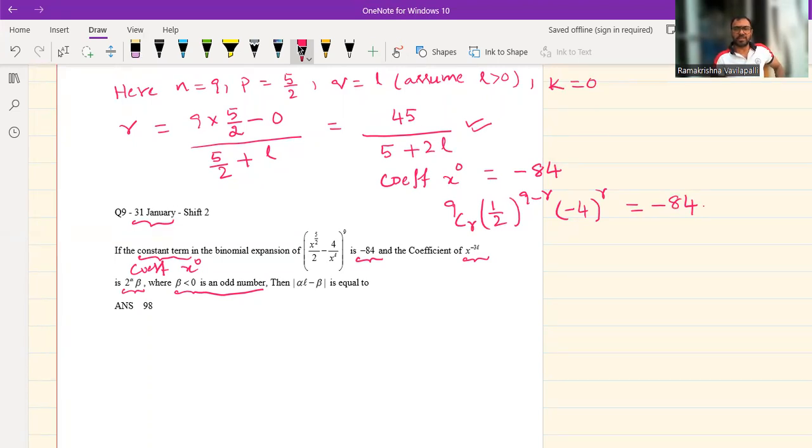So this implies 9CR, this is (1 by 2) power 9 minus R, (minus 1) whole to the power of R, and here this is 2 to the power of 2R, equal to minus 84. So here minus sign is there, so R must be odd.